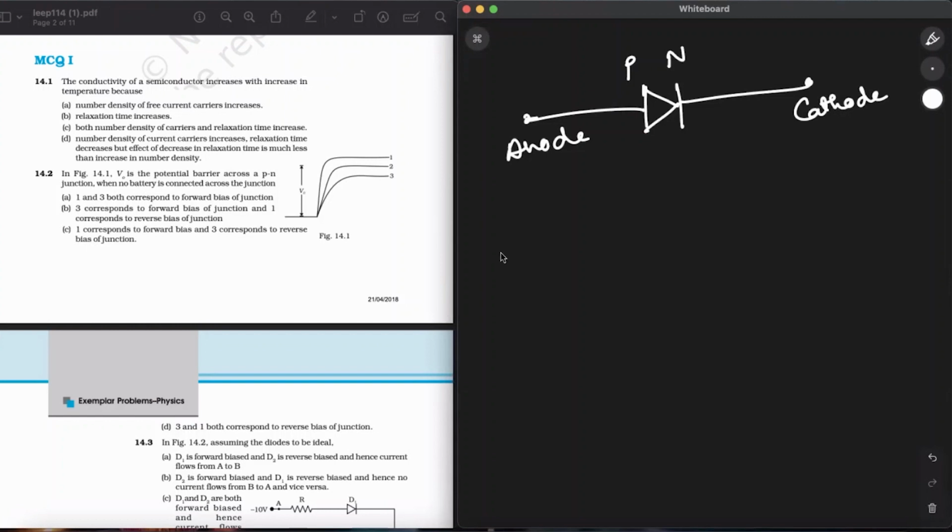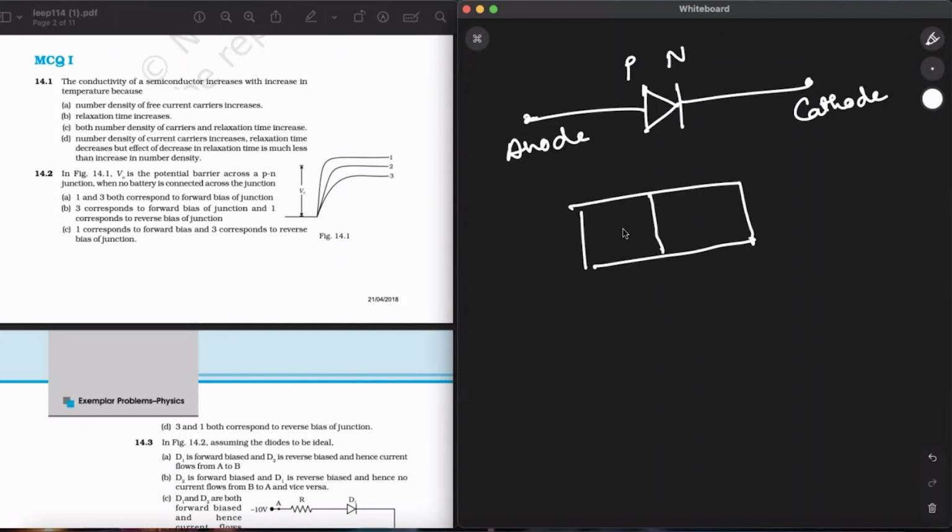The depletion region is formed on account of the difference in concentration of charge carriers in the P and N regions. So the electrons from the N region diffuse through the junction into the P region. I'll show you.